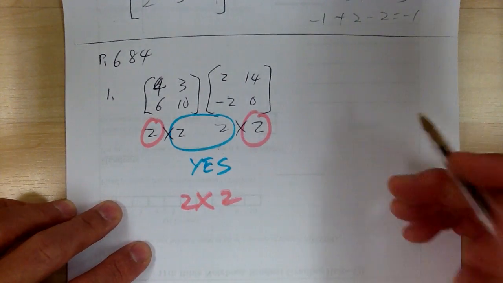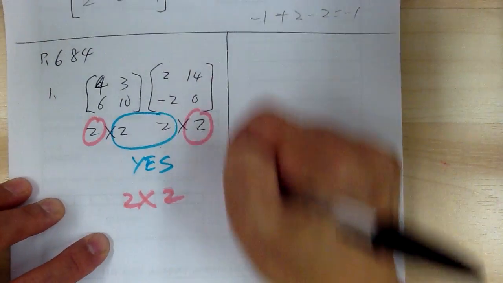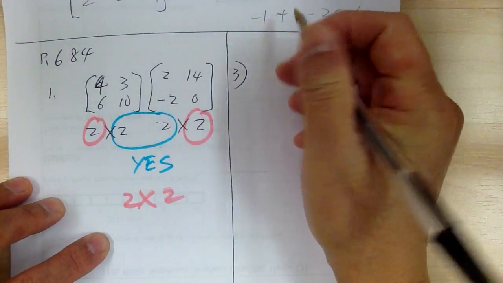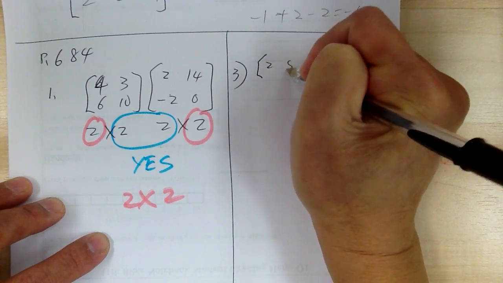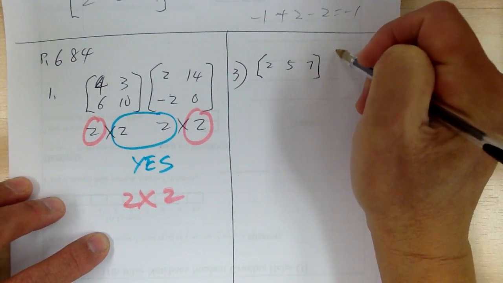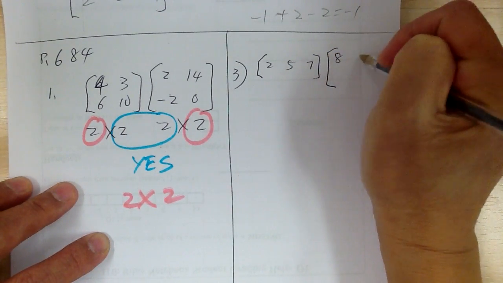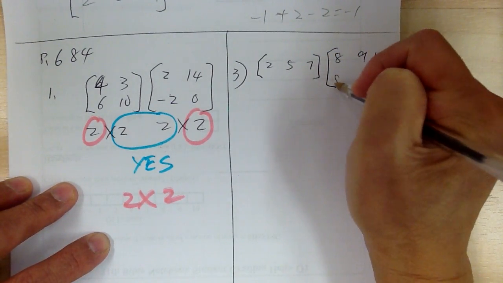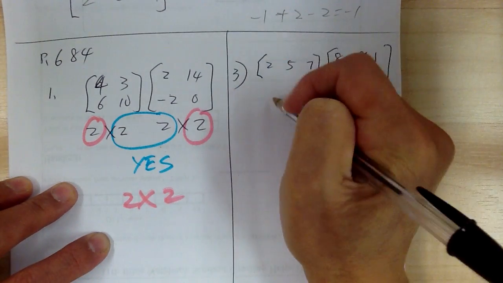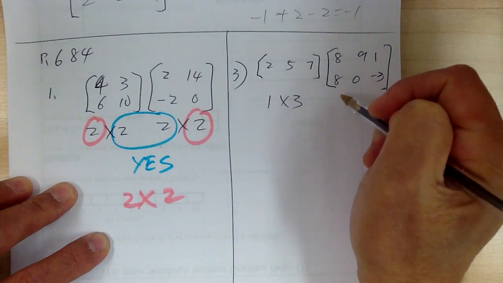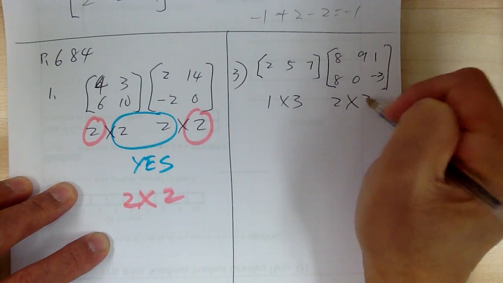Okay, now let's go to number 3. So number 3, you have 2, 5, 7. And then you have 8, 9, 1. You got 8, 0, negative 3. Okay? So this is 1 by 3. And this one is 2 by 3.